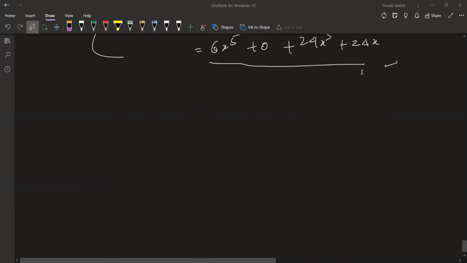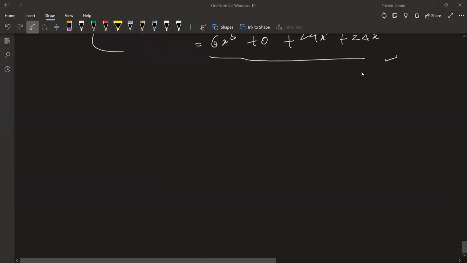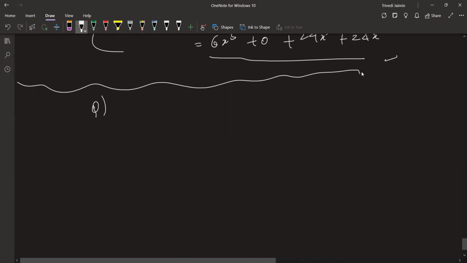Let's try one question. Y equals e to the power 2x. Okay, I want this answer from Rahman.